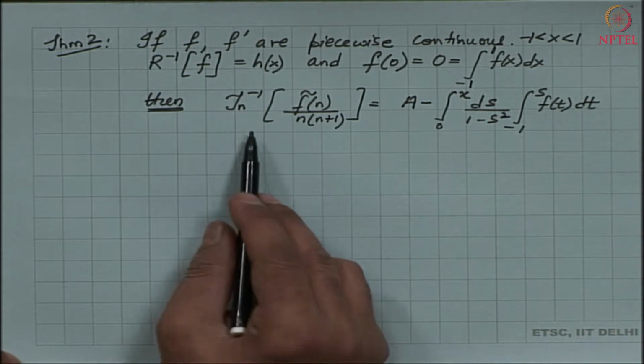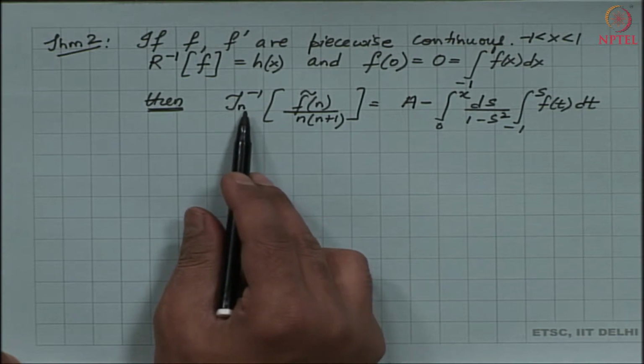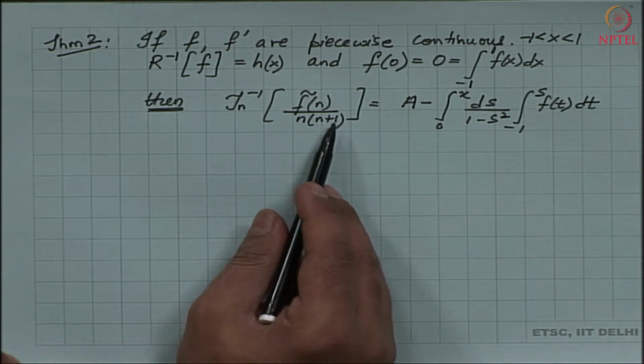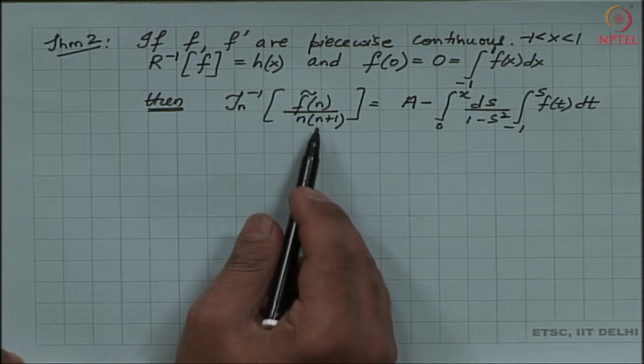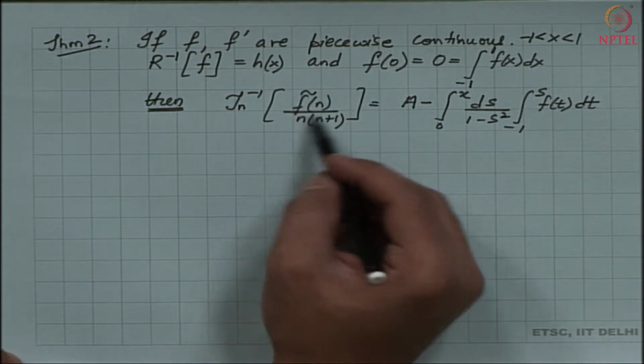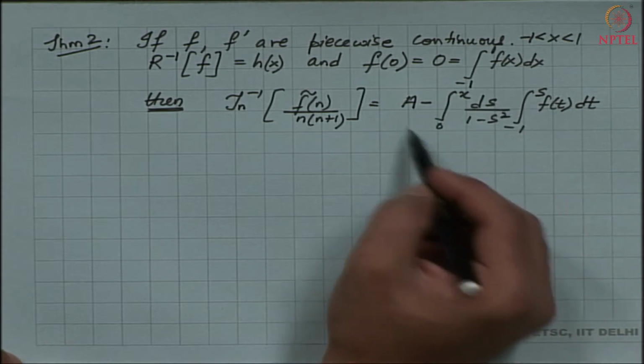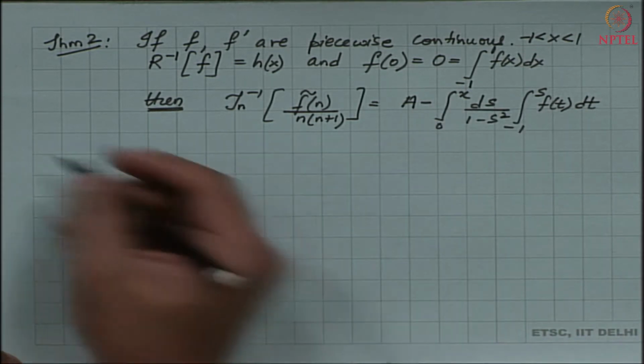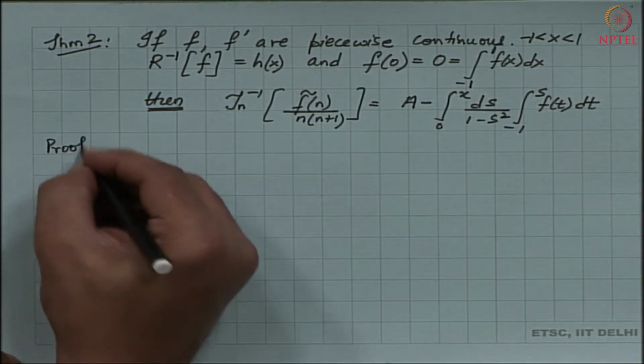So I have to show that the inverse Legendre transform of my function f tilde, where f tilde is the Legendre transform, is given by this particular integral. So, the proof is as follows.